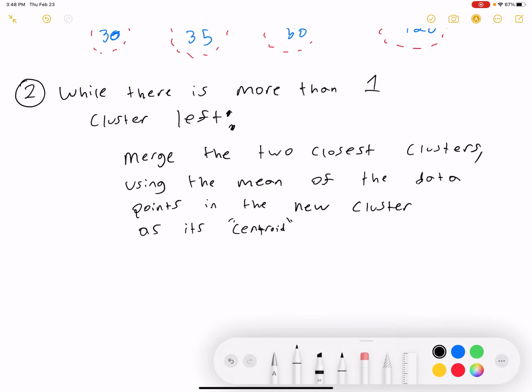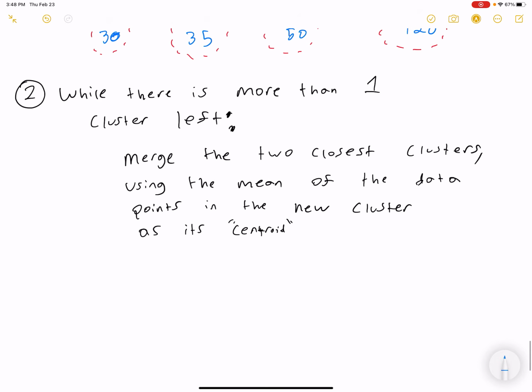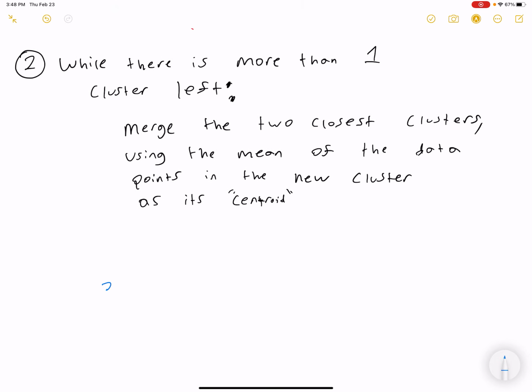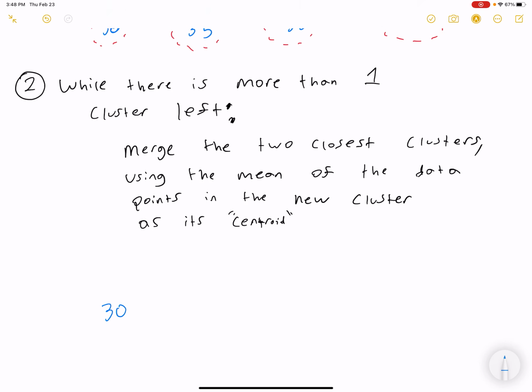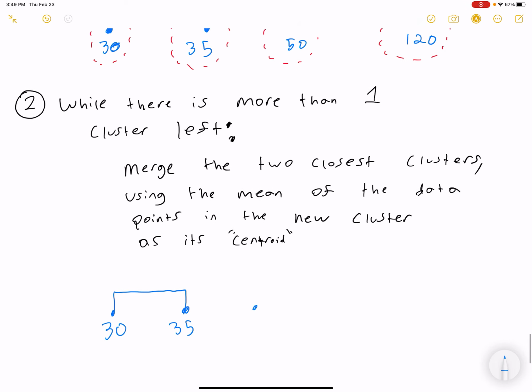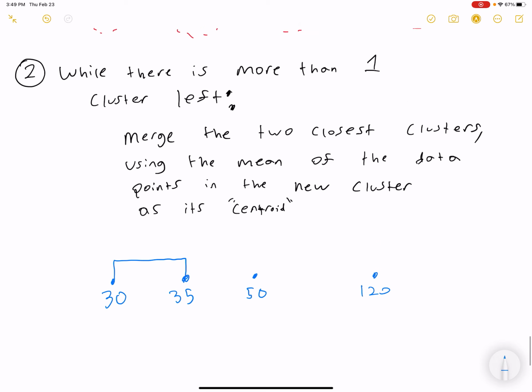So just drawing that out here, 30 and 35 are the closest in that example, so we'd merge 30 and 35 into a new cluster, and we'd still have 50 on its own and 120 on its own.